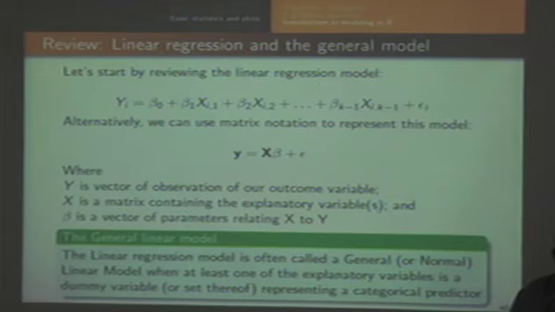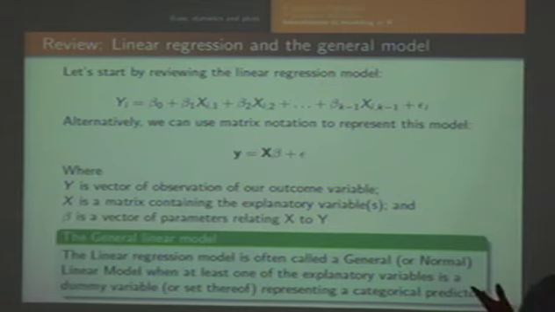Just note that these explanatory variables can be continuous or they can be categorical variables, so dummy variables which code to represent a categorical variable. I assume everyone's familiar with the general linear model.